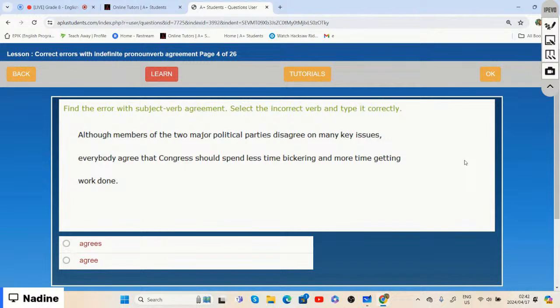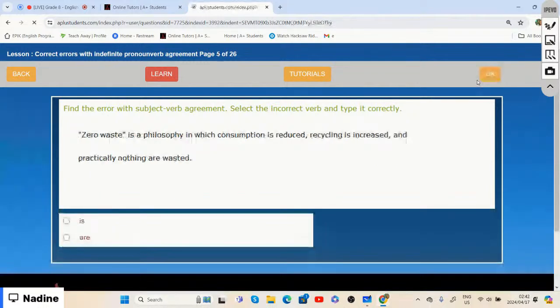All right, so we can say, although members of the two major political parties disagree on many key issues, everybody agrees that Congress should spend less time bickering and more time getting work done. Right? So agrees is correct.